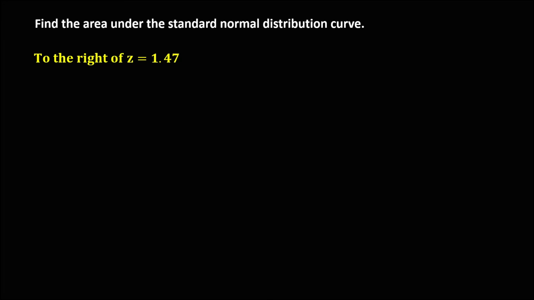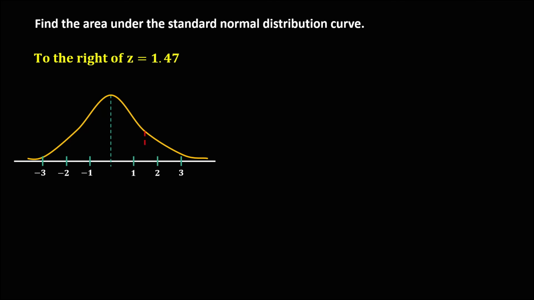Then for this given, to the right, above or greater than z equals 1.47. So in a curve, let's assume this is positive 1.47. So this is now the unknown area to the right, above or greater than positive 1.47.